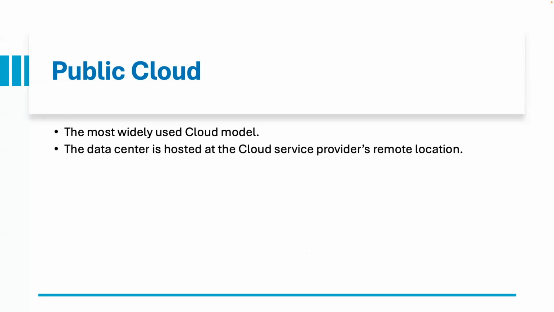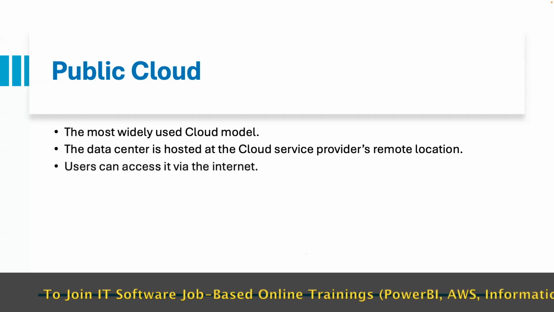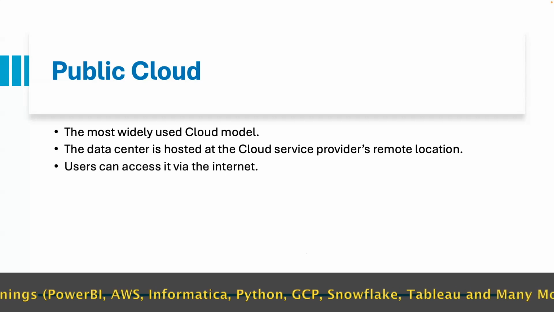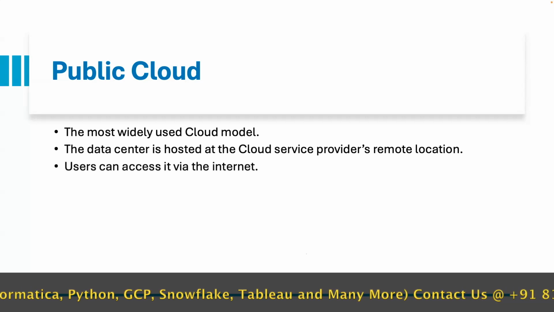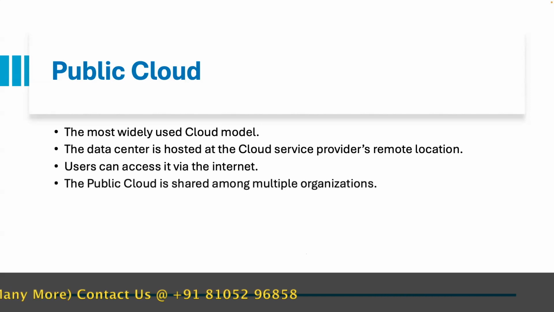The data center is hosted at the cloud provider's remote location, meaning it will be in some other city, either your city or another, and you will be working from your office premises. So your actual data center is hosted at the cloud provider's premises. You will be accessing all your applications through the internet, and not only accessing, you will be developing and hosting everything over the internet. That is another reason it's called public cloud.